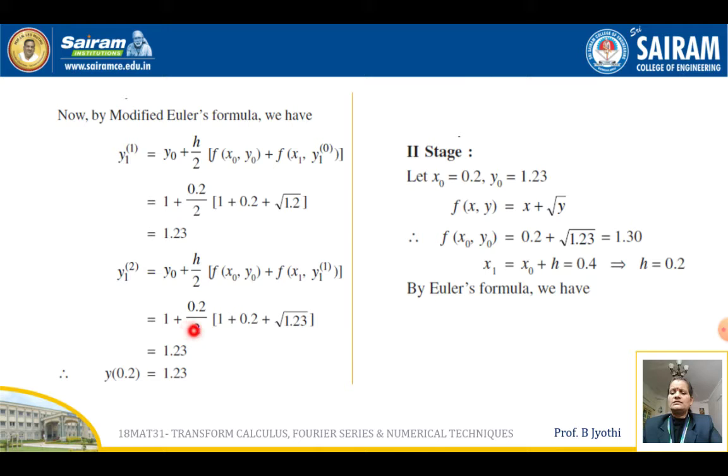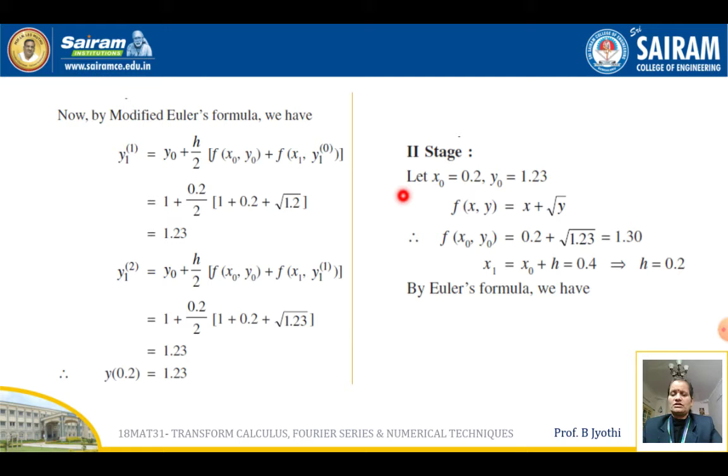So let us substitute in the formula and we again get the value as 1.23, because the difference between this and this is only root of 0.3. So that makes almost no difference. Therefore, we are getting y of 0.2 as 1.23.